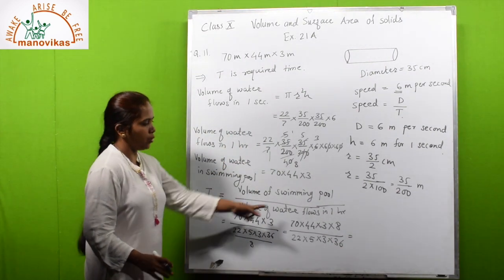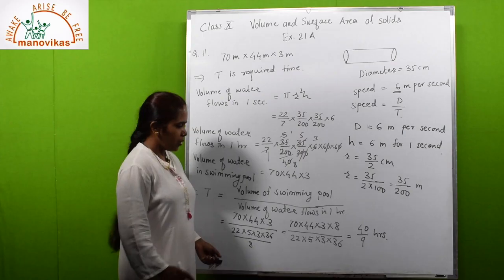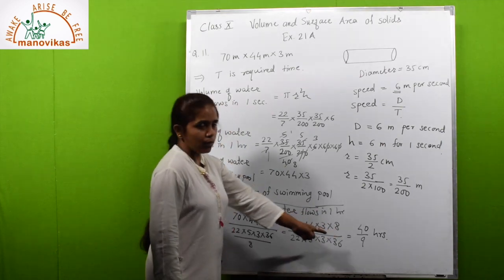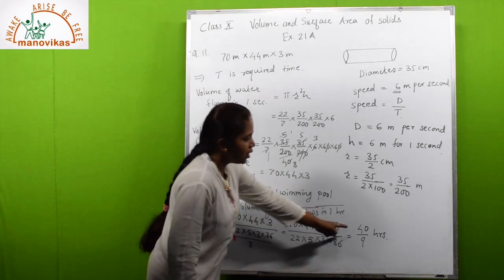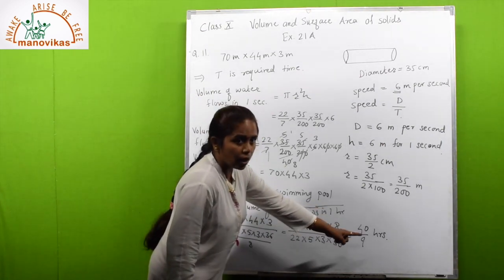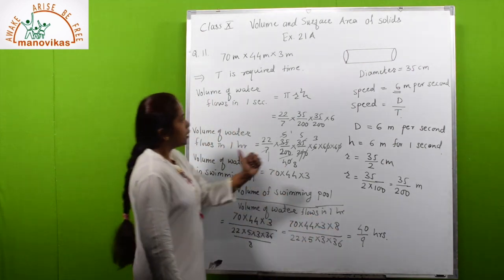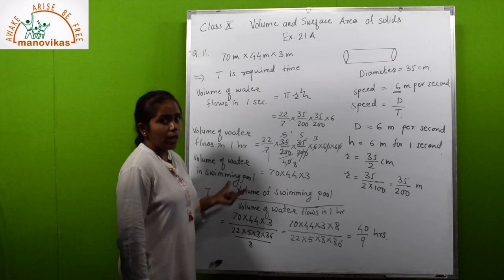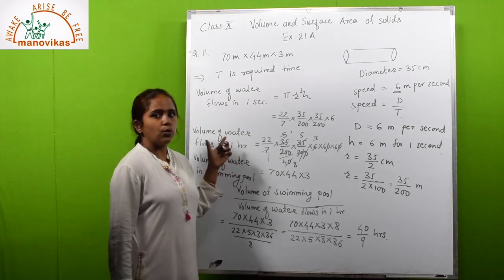Now check the calculation. When you do this calculation, you will get the time required to fill the swimming pool as 40 upon 9 hours. Understood?